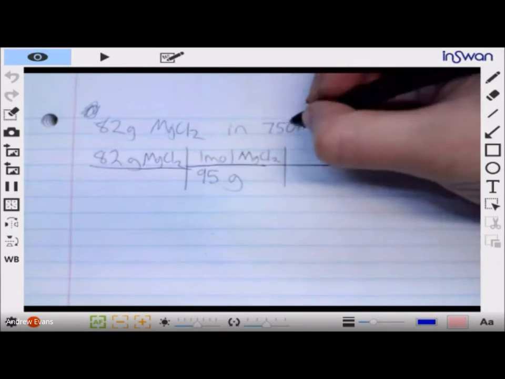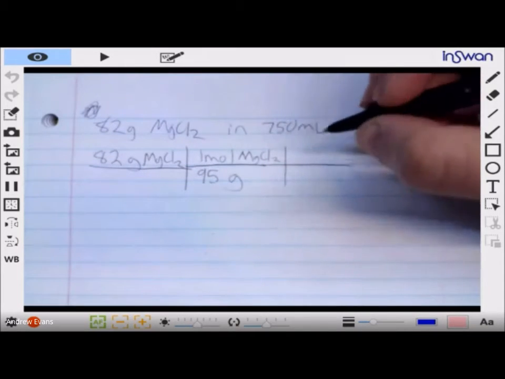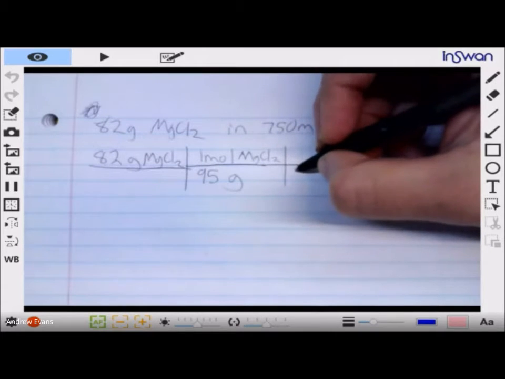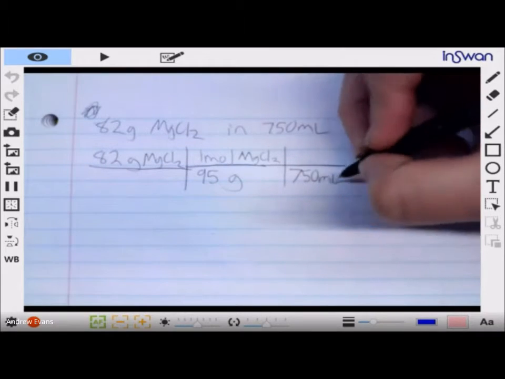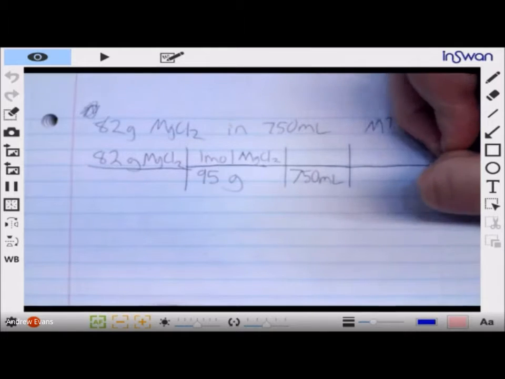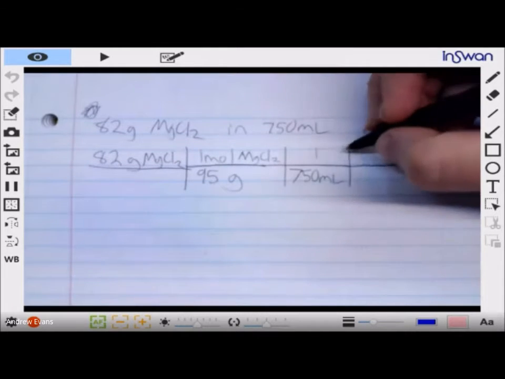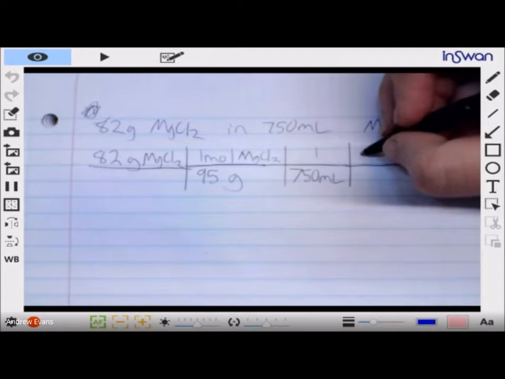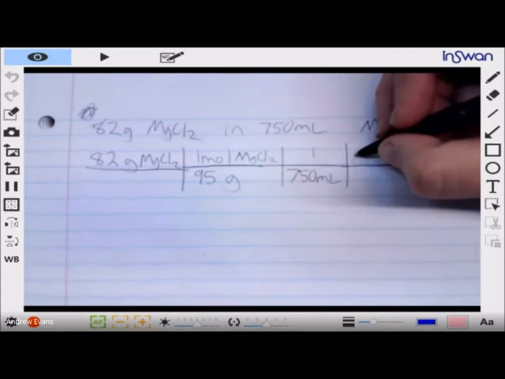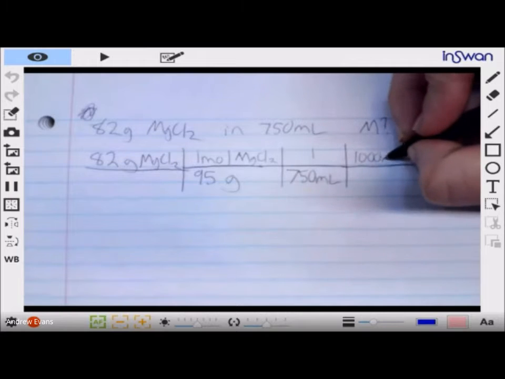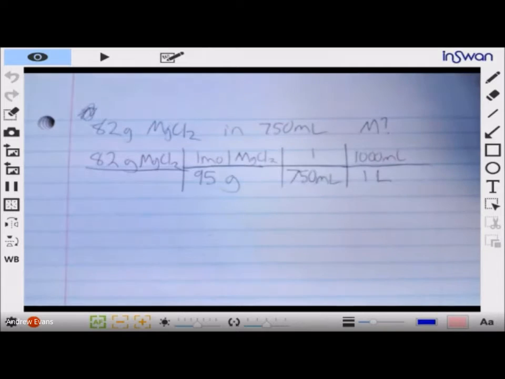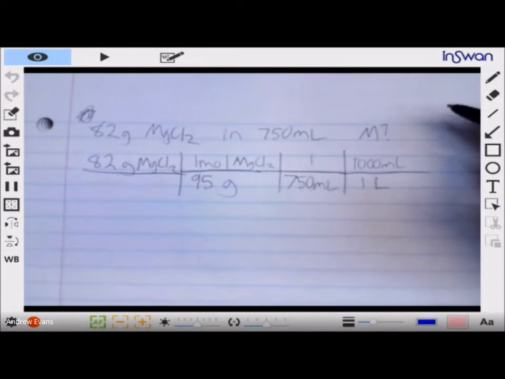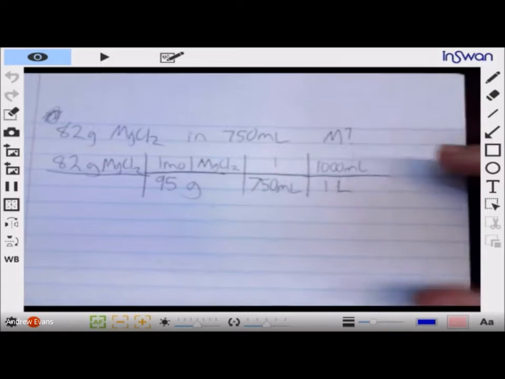Then we're going to divide by our volume, but we have to turn this into liters. Now, I am fully competent to turn milliliters into liters without doing extra steps, but I'm going to set this up for you, because there's 1,000 milliliters in 1 liter. I can safely just say move the decimal place 3 over. But rather than jump that step and lose someone, I'm going to show it out.